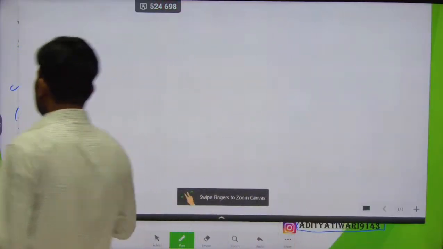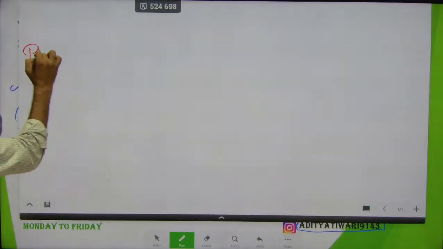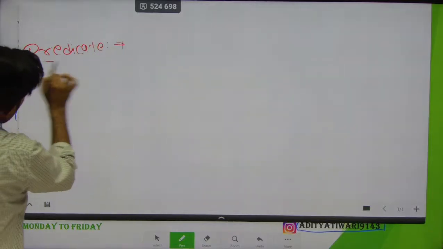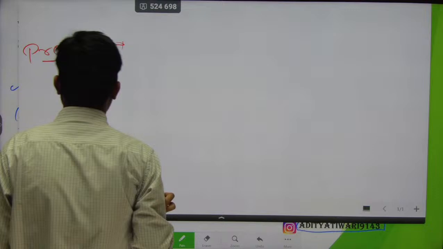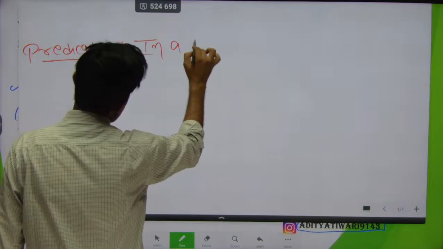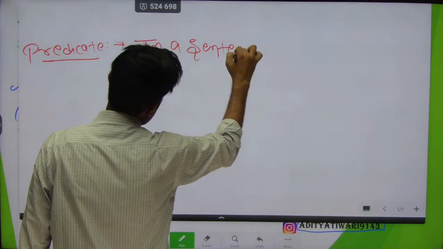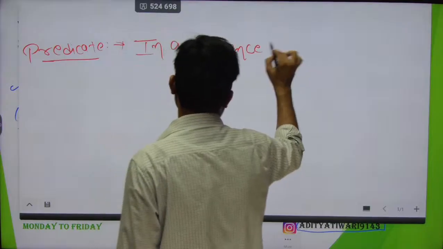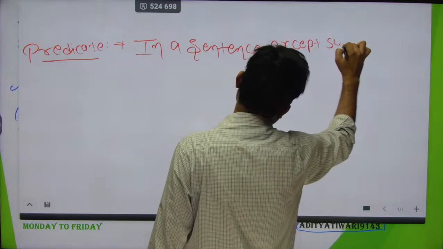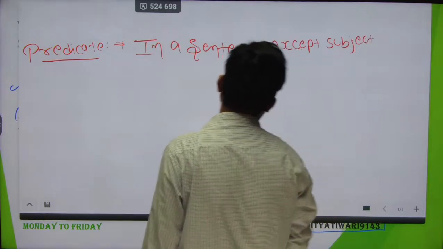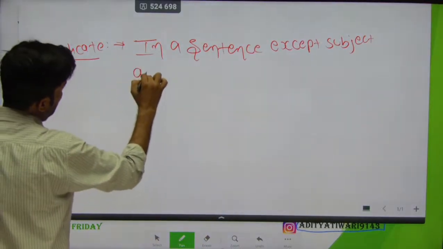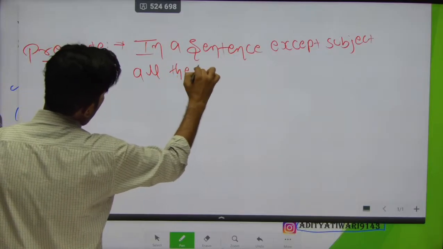See, if I write here predicate, beta, the predicate is very easy to understand. In a sentence, except the subject, all the things are called predicates.